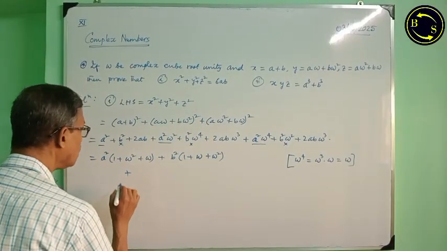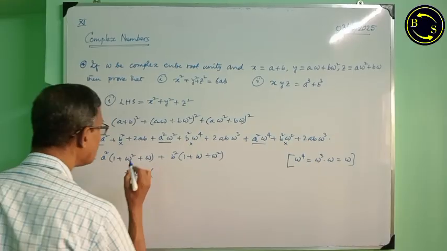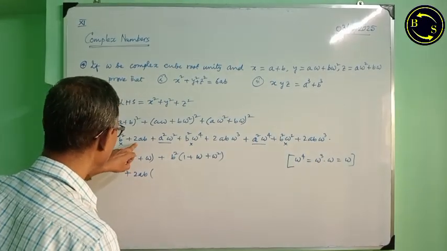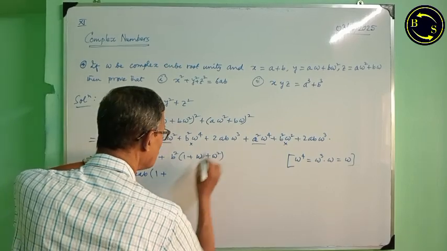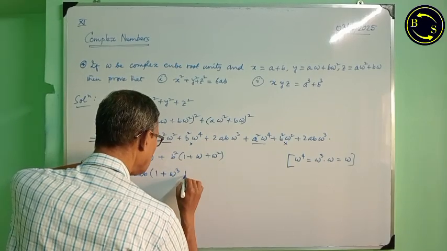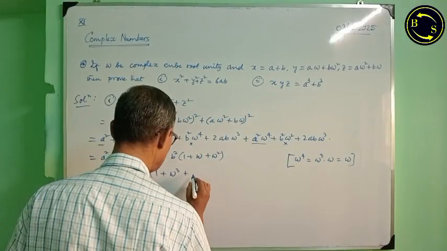Then 2ab terms: 2ab from this one, from this omega cube, from this one also omega cube.